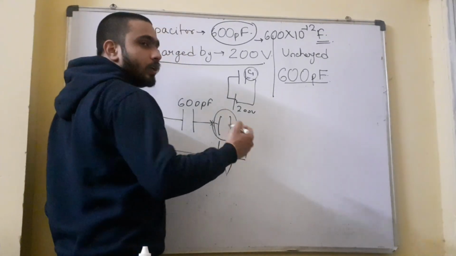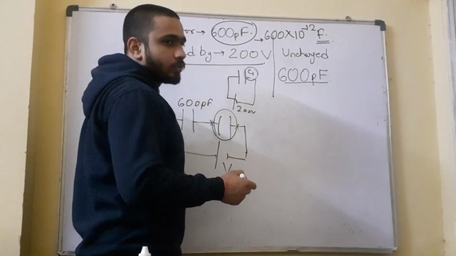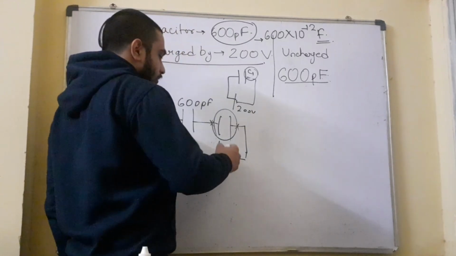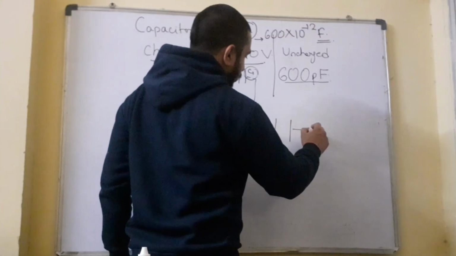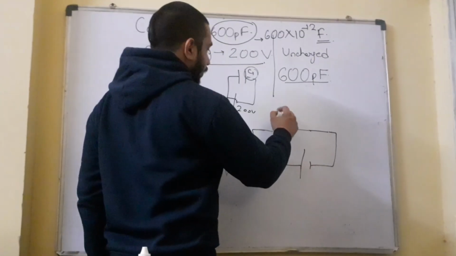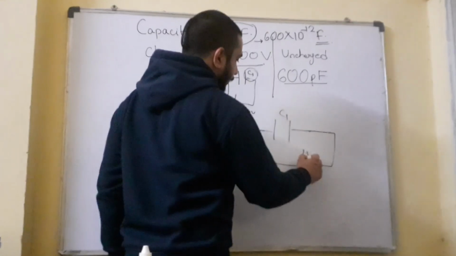But if it is a fully charged capacitor, it has an infinite resistance, so no current can flow across it. Okay, so if we replace it with a wire, this will be the situation. This will have a C1 and this will have a V.